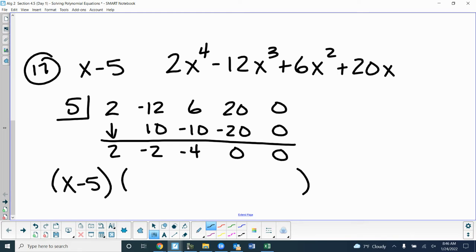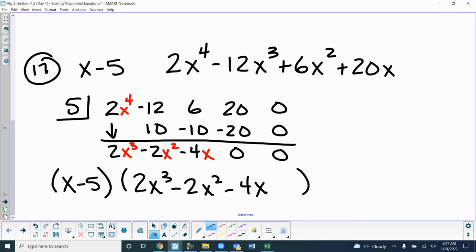It's reduced now. It started out as 2x to the 4th. Down here now it's 2x to the 3rd. This is x squared, and this is x. So that's what's in this second parenthesis: 2x cubed minus 2x squared minus 4x.